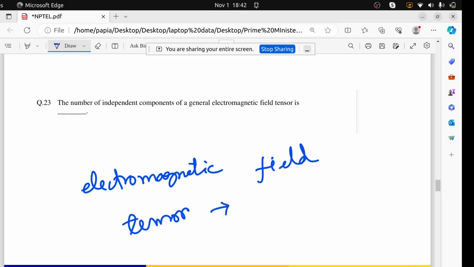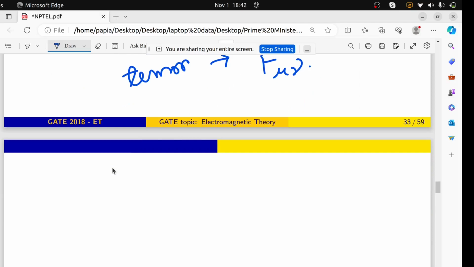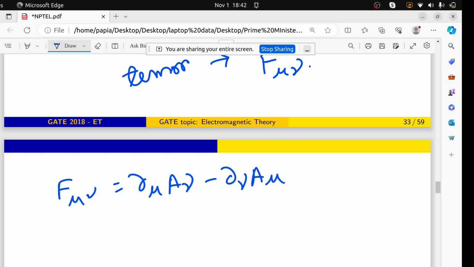Okay, so the electromagnetic field tensor is nothing but F mu nu. F mu nu is del mu A nu minus del nu A mu, right?